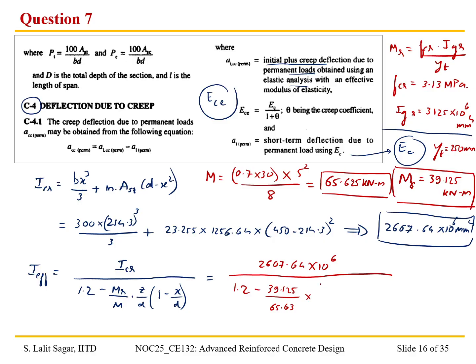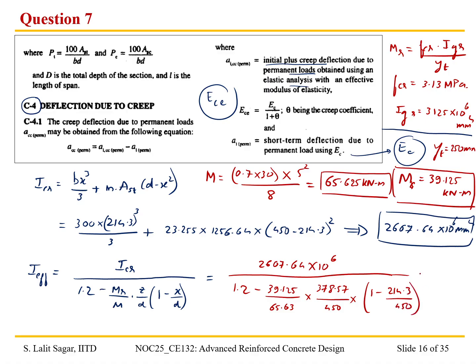Okay, 378.57 divided by D is 450 multiplied by 1 minus 214.3 divided by 450.